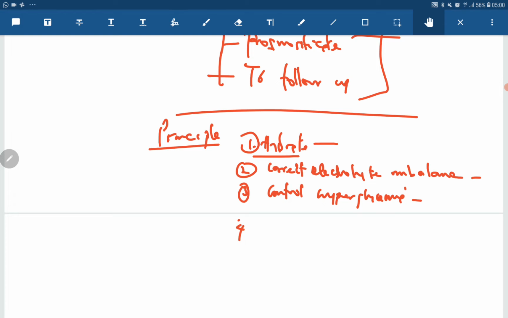The fourth is to treat the underlying precipitant.